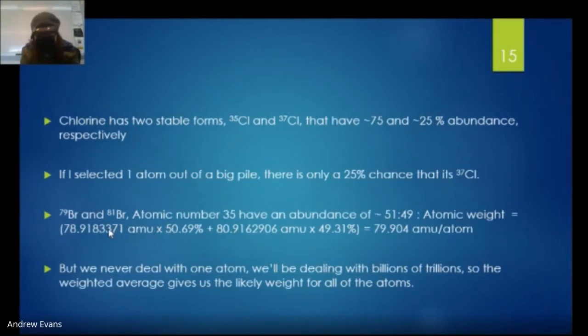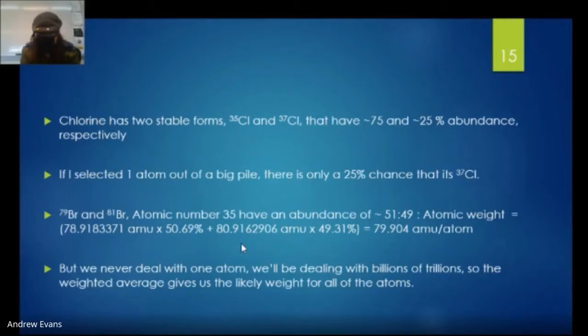You take the mass times the percent, and add it to the mass of the other one times its percent, and you get your average weighted mass, your atomic mass, which is 79.9, which essentially rounds up to 80. So bromine is halfway between 79 and 81, which happens to be 80. You're getting a weighted average.